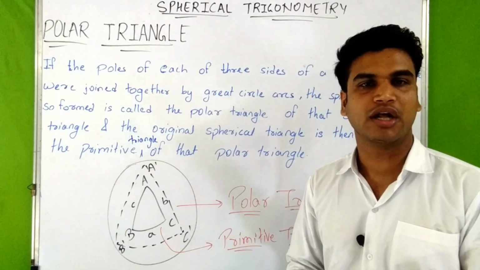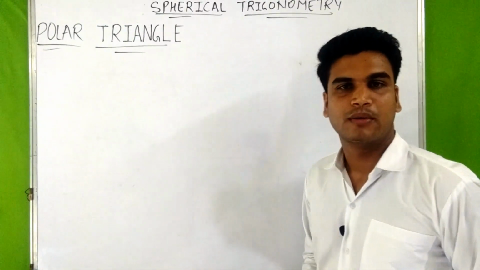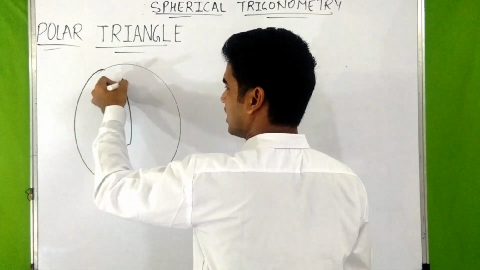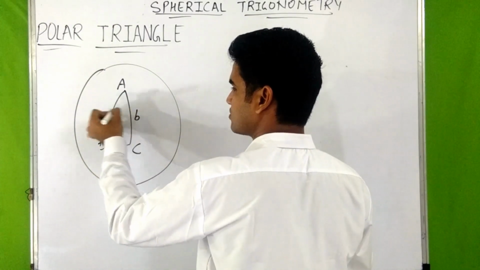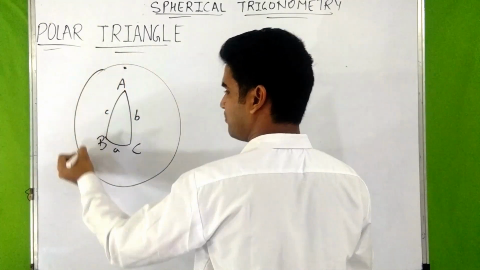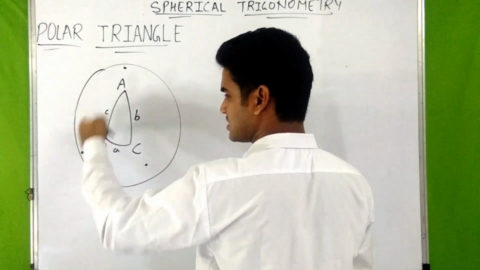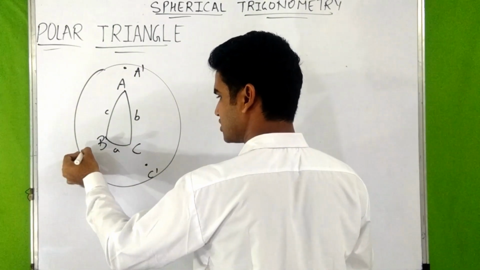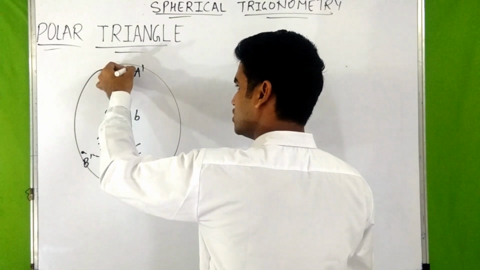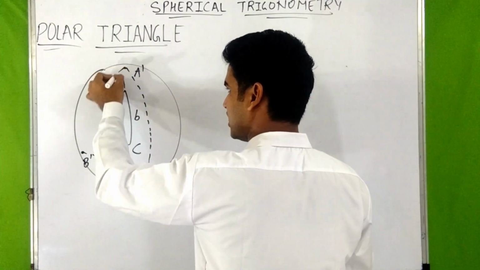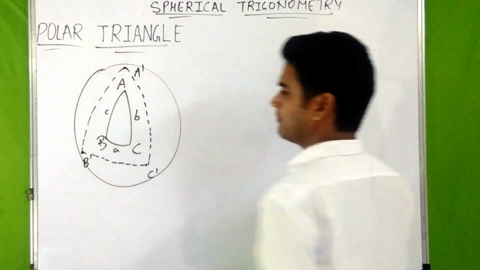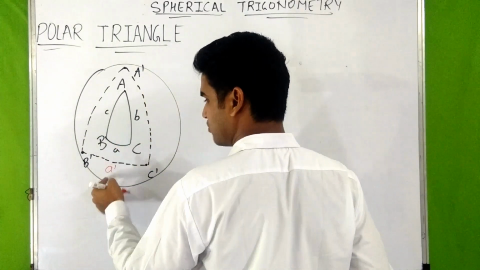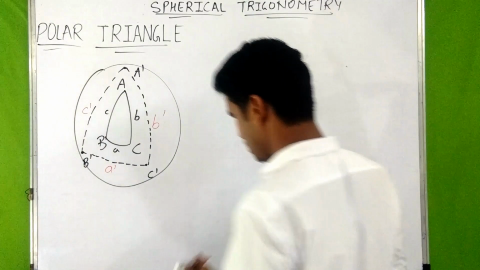Now let's see some more concepts about the polar triangle. As I told you, in a sphere, if this is a spherical triangle ABC with sides small a, small b and small c, and these are the poles of these sides, capital A dash, capital B dash and capital C dash, then by joining these poles with arcs of a great circle we get a polar triangle, and the sides of the polar triangle are named small a dash, small b dash and small c dash.